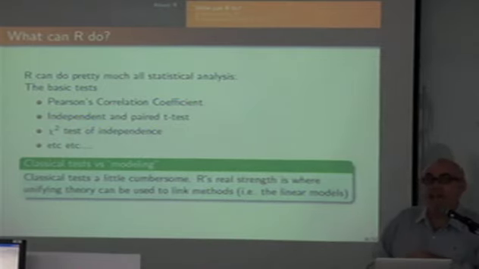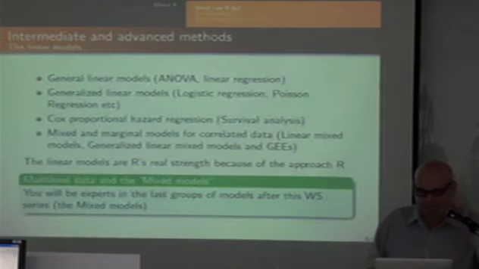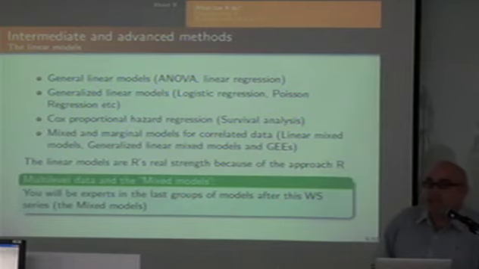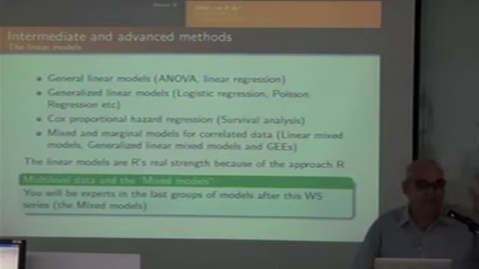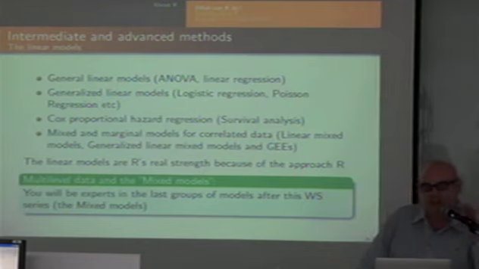R's real strength is in its modelling, when we have a y and some x's. So it's these intermediate to advanced methods that are the real strength. So it can conduct general linear models, generalized linear models, so logistic regression, Poisson regression, so on.